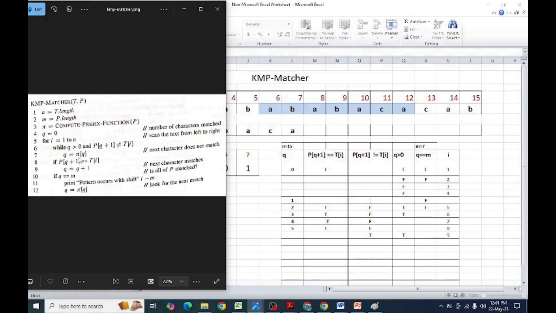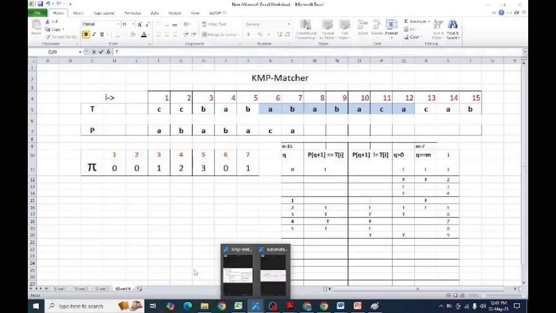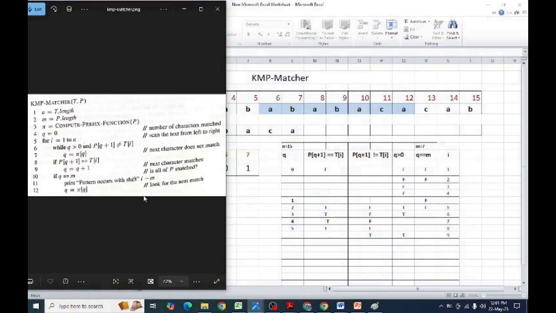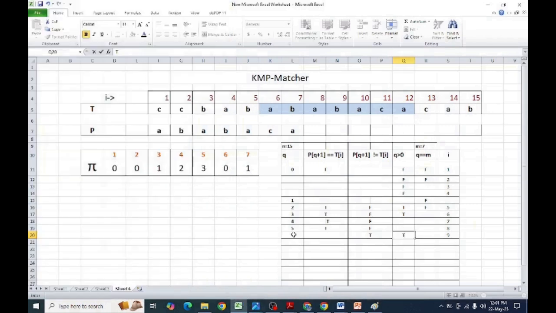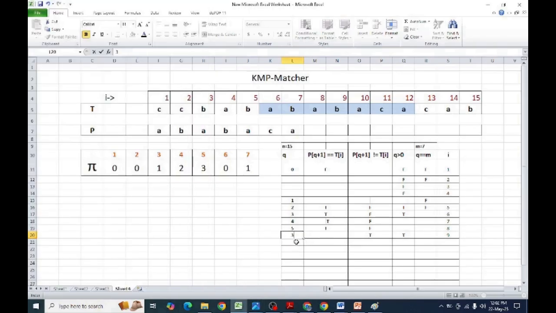What is pi of 5? You can see pi of 5 is 3, so q will be updated. Q is equal to 3, q will become 3. In the automata, from state 5 we have received a mismatch, so we have received ABA. Okay, q is updated.